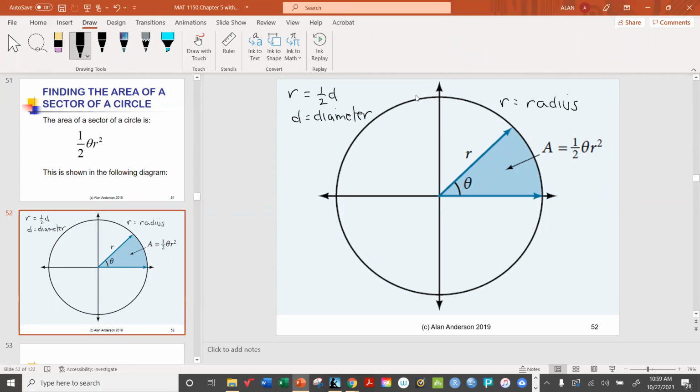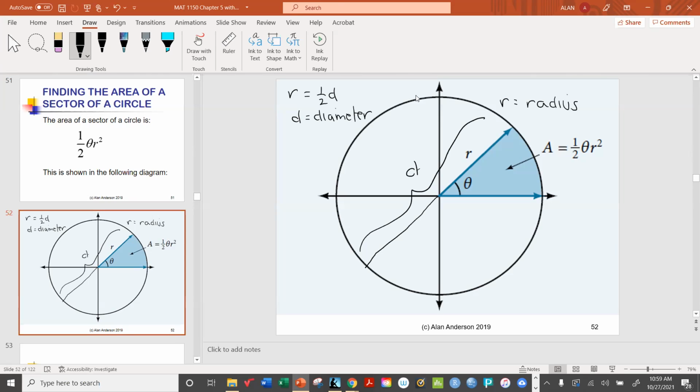The diameter goes all the way across the entire circle. So the radius is only restricted to that one quadrant. The diameter cuts across the entire circle. One of them is twice the other. Now, the r has to be squared here because this is area. It's measured in squared units.